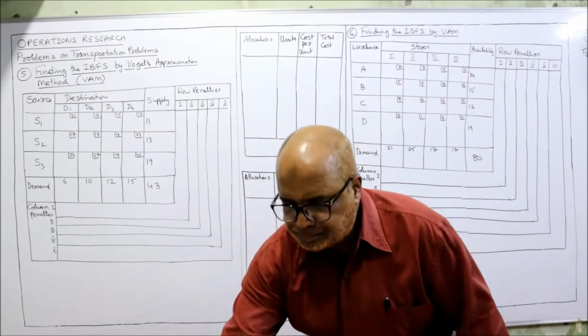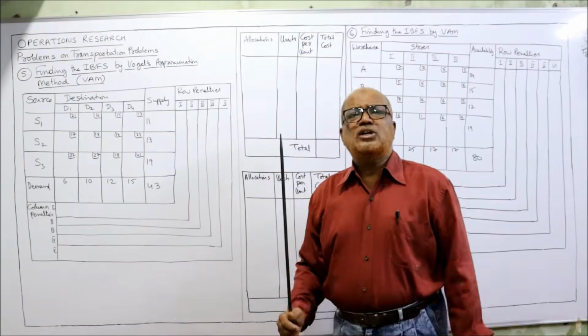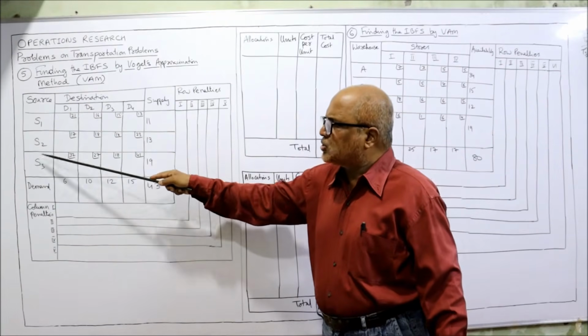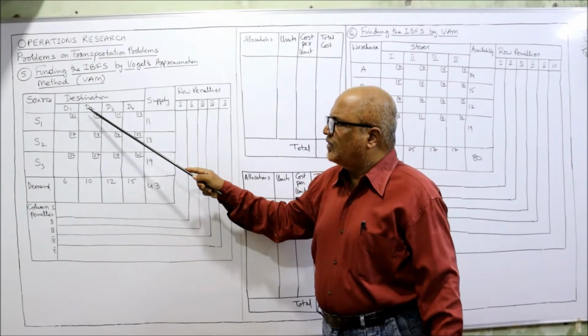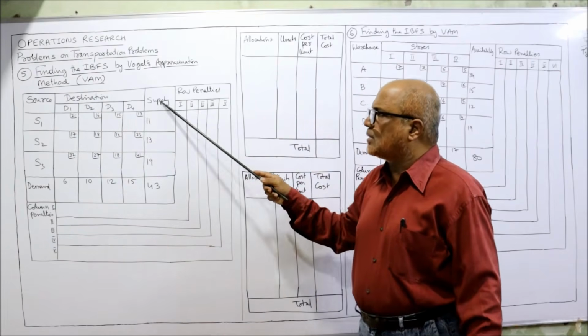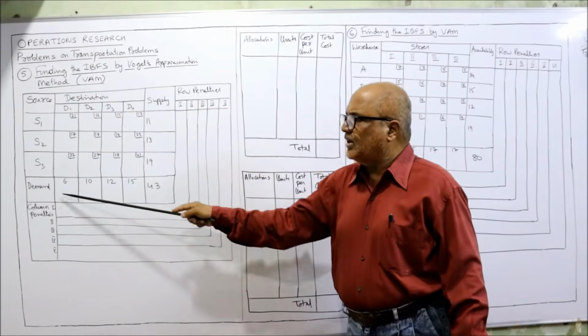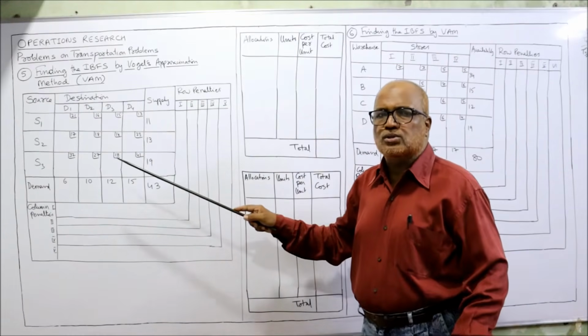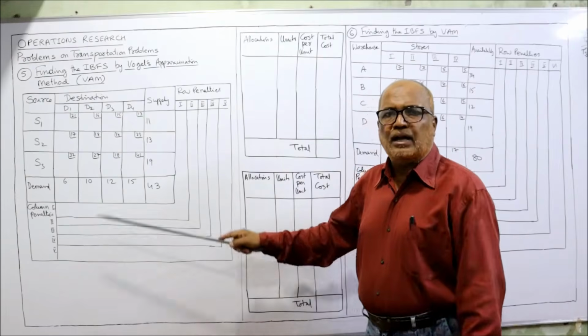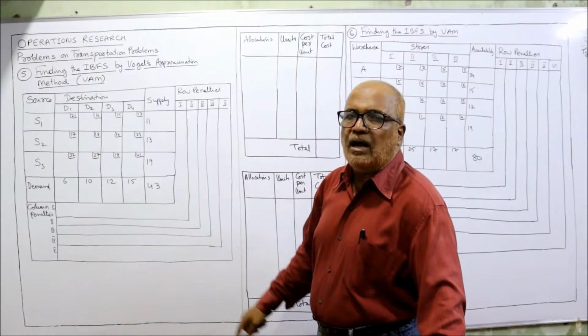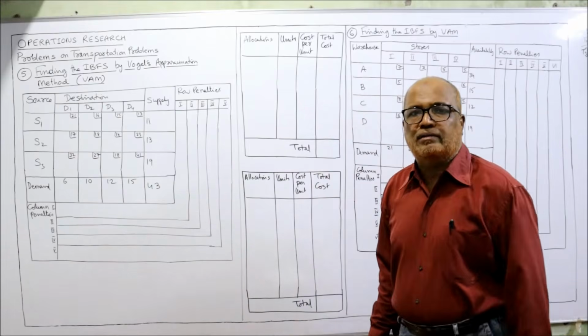Now, first of all, whatever transportation table is given in the problem, same table I have drawn. Source S1, S2, S3 and destination D1, D2, D3, D4. Then total supply. So up to this, the table is same, whatever is given in the problem. I have copied the values. The cost is given in the middle, but I have taken at the upper right corner, because in the middle, I'll make the allocation of units.